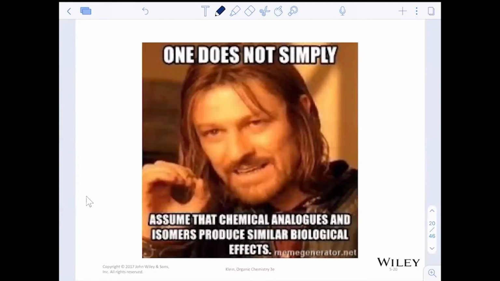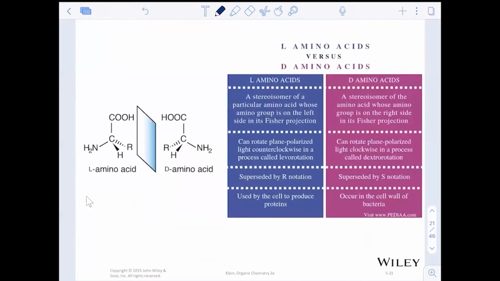Why? Well, it's because of some really unique characteristics with the actual tetrahedral structure of the R and how it differs from the tetrahedral structure of the S orientation, so that the actual stereoisomers, enantiomers, have different biological effects on our bodies.